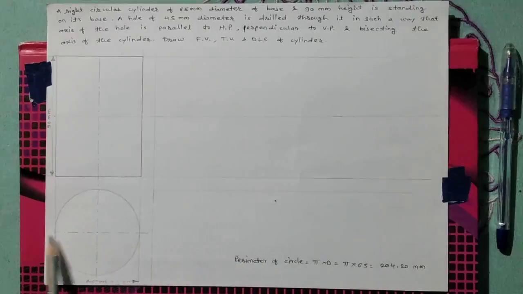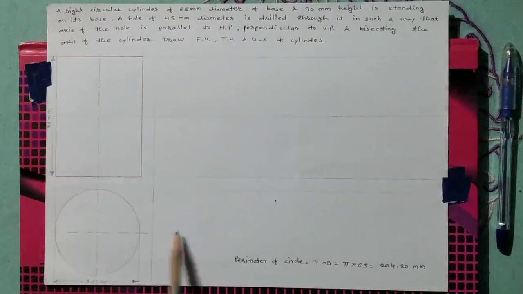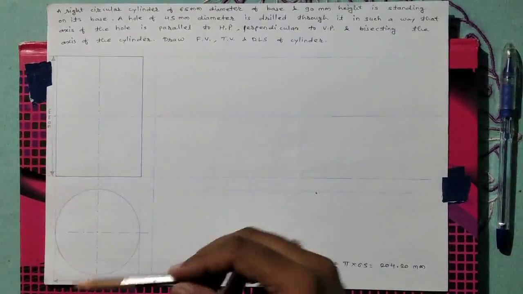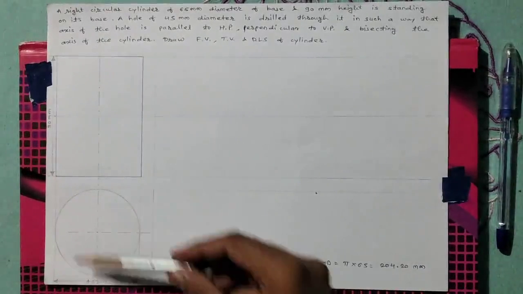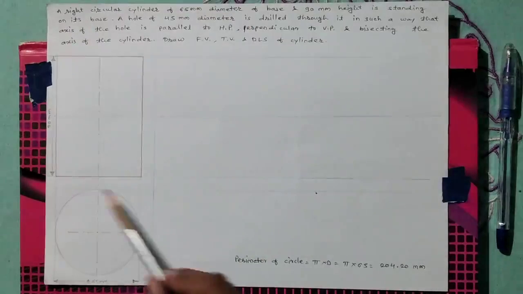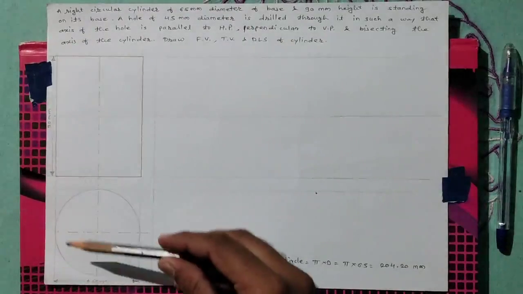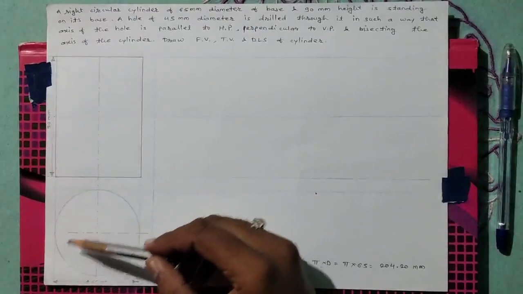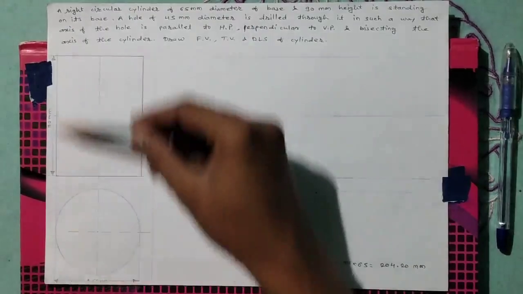After drawing the circle, draw the center lines, horizontal and vertical. Then draw projection lines, and take the projections of the circle in the front view. This is the top view and this is the front view.